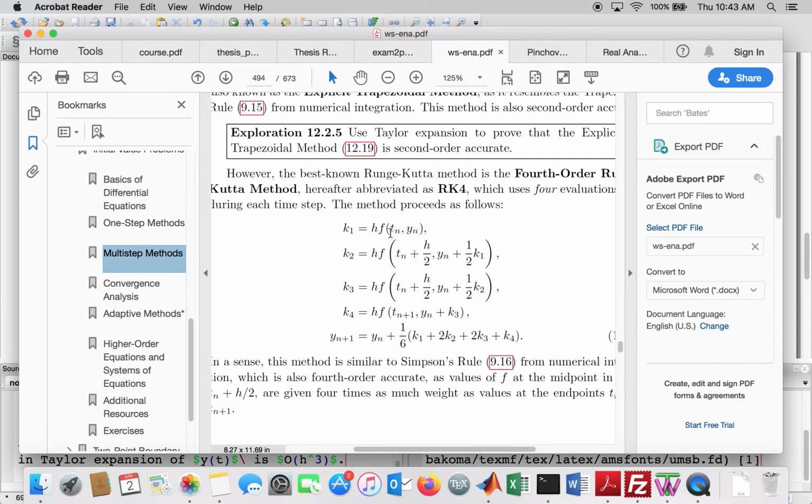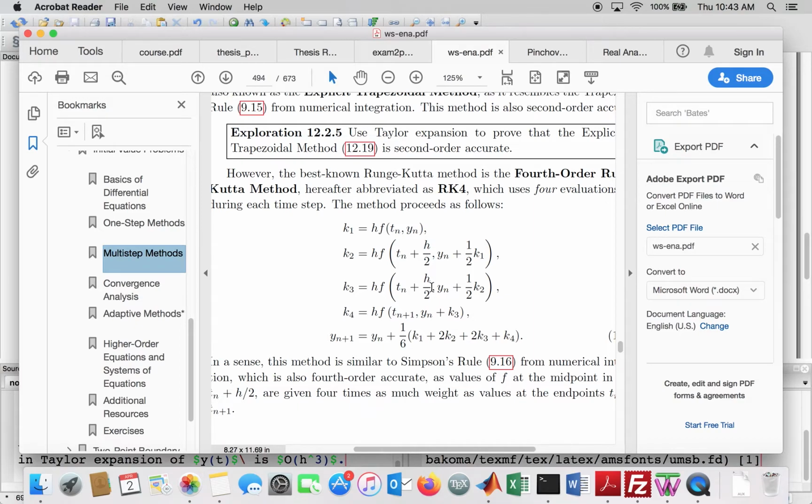So here we evaluate f 4 times, and with these unknowns that are similar to the alpha and beta we had before, but we have more of them, this leads to this approach, where K1, K2, K3, K4 are the stages of the method. So here we have a 4-stage, fourth order method. But as we've already seen, the number of stages is not necessarily the order of accuracy. We just saw two methods that are second order accurate. One of them had 1 stage and one of them had 2.